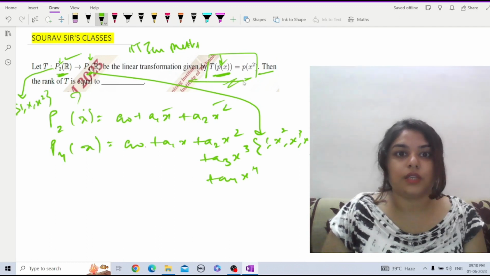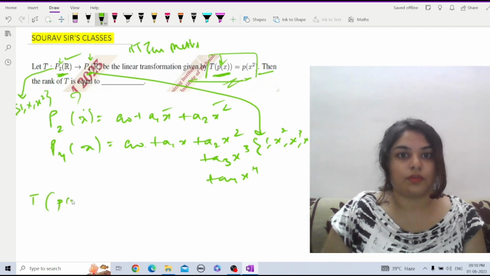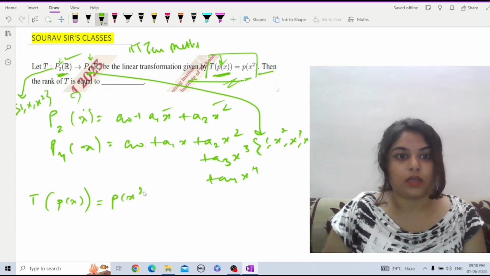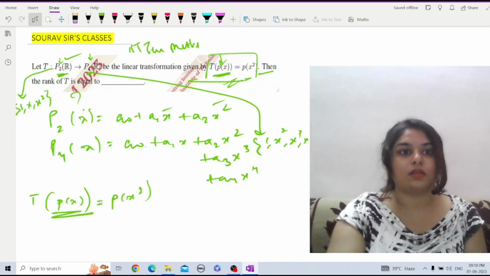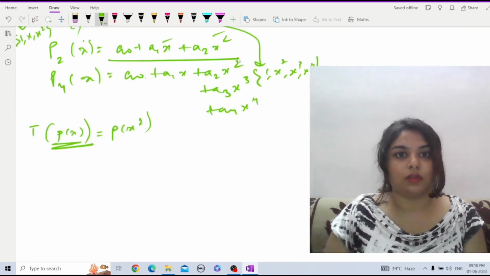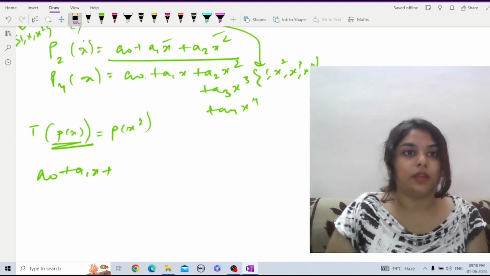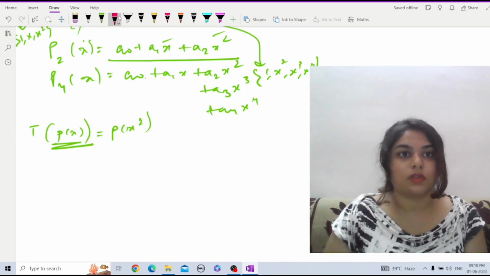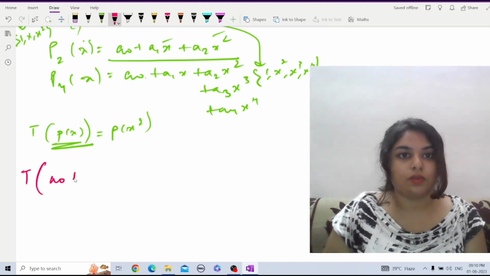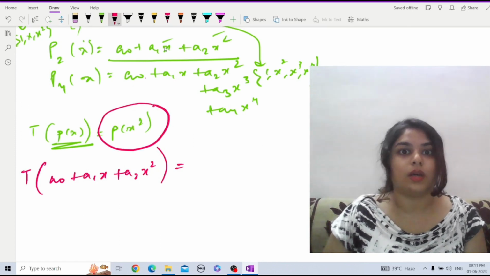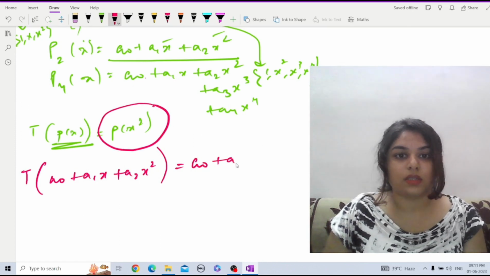The relation given here is T(p(x)) = p(x^2). So T(a0 + a1x + a2x^2) is equal to p(x^2). We will put x^2 in this, that is a0 + a1x^2 + a2x^4.